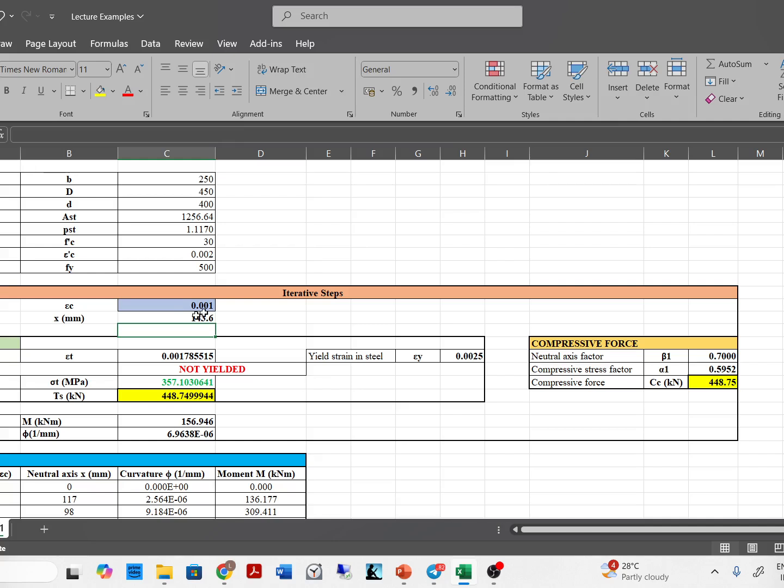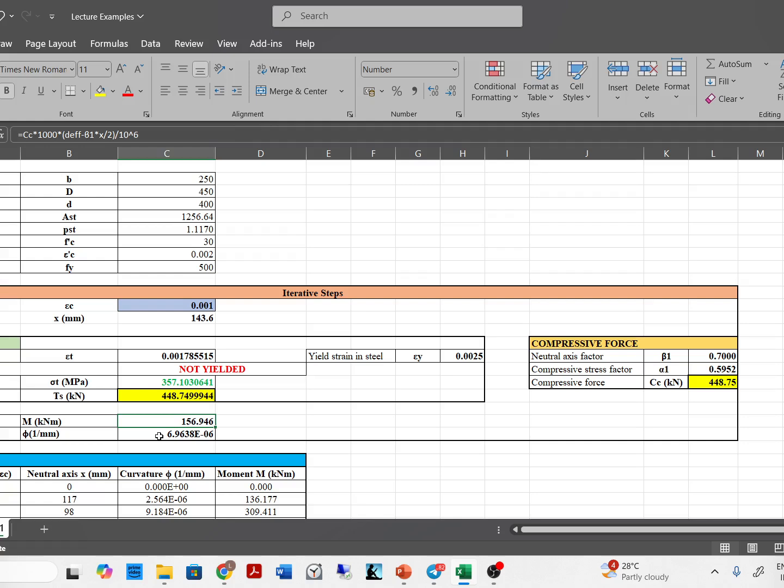So for this value of x, 143.6, we have already programmed this Excel file in order to give us the value of the moment and the curvature. So the corresponding moment is 157 kilonewton meter and 6.96 into 10 to the power minus 6 per millimeter. That is the value of the curvature.